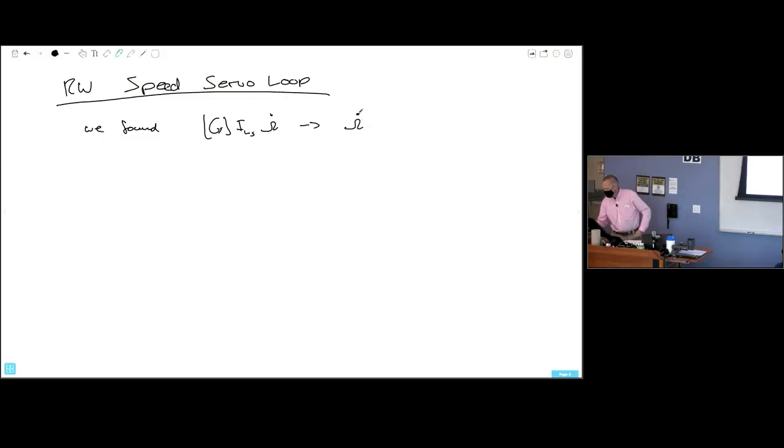And that really means if you have a controlled time period, so given delta t, the new speed at step n plus 1 is going to be our current wheel speed.